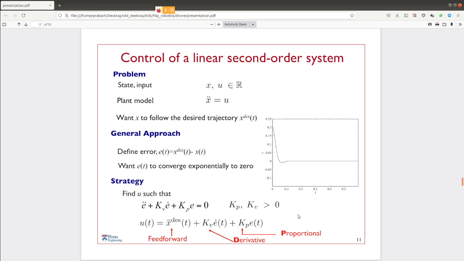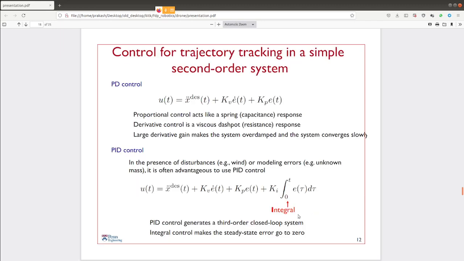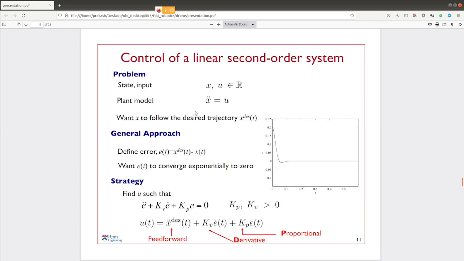So this is nothing but what we have discussed in the previous session. Now this is my PD controller, and using this and this, I calculate what is u of t. And once I calculate u of t using this equation, then what will I do?